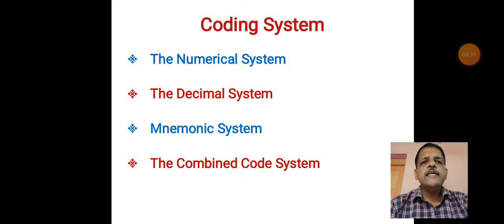Now second is the decimal system. The decimal method uses full numbers as well as decimal numbers. In this method, the full number indicates the specific group code and the decimal number represents the subgroup code. Let us see an example. Factory overheads is 70 as its code.